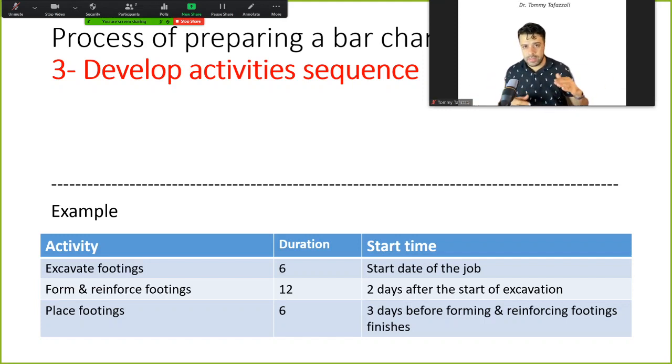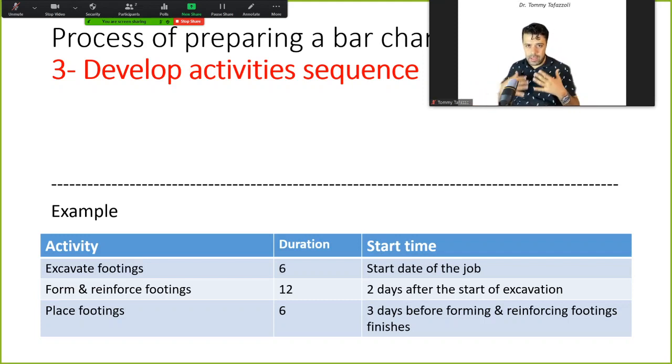So let's say when you are done excavating the north side, you can go ahead and start reinforcing and forming in that part, while the excavation is still continuing for the south side.